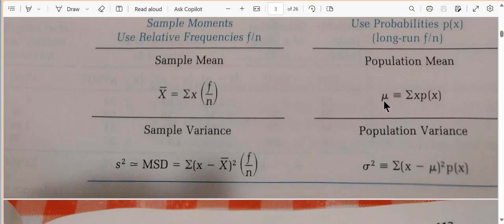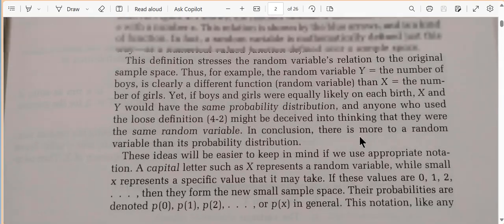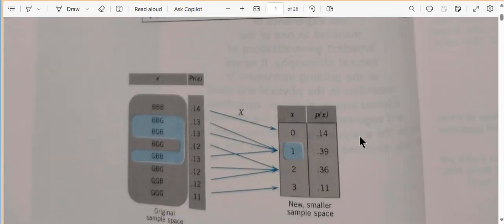And the random variable is also theoretical. If we go back to that example of the number of girls, not for a particular family, it's theoretically what are the probabilities for 0, 1, 2, or 3 boys.